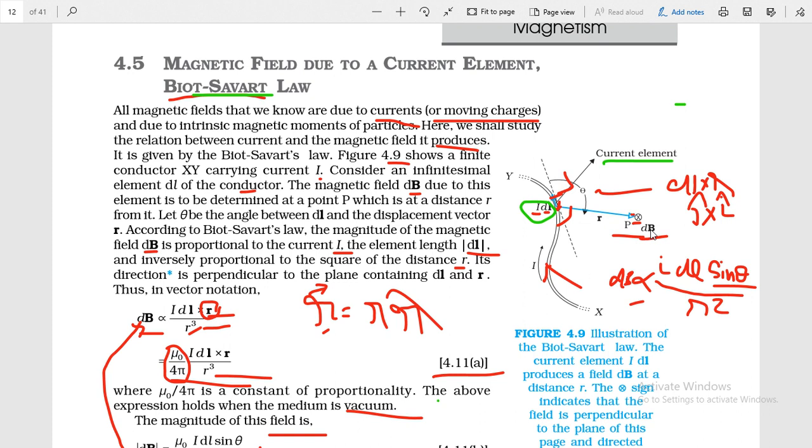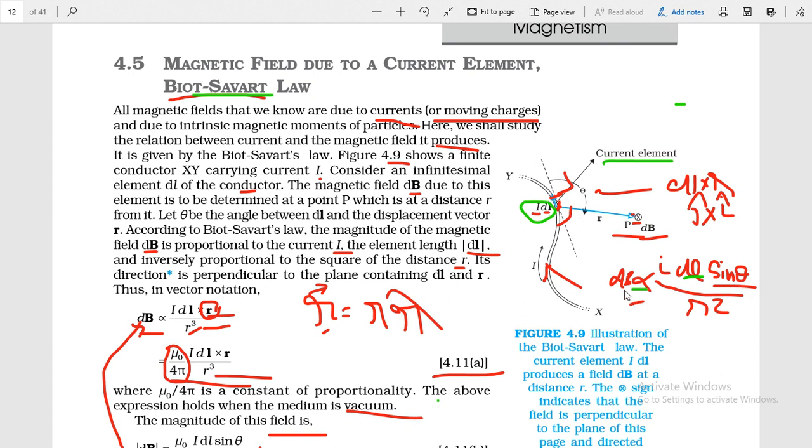Now this magnetic field dB depends on I, dl and sine theta by proportionality. It means dB is proportional to current, dB is proportional to the length dl of the element, and dB is proportional to the sine of the angle between the element and the line joining the point P to that element.